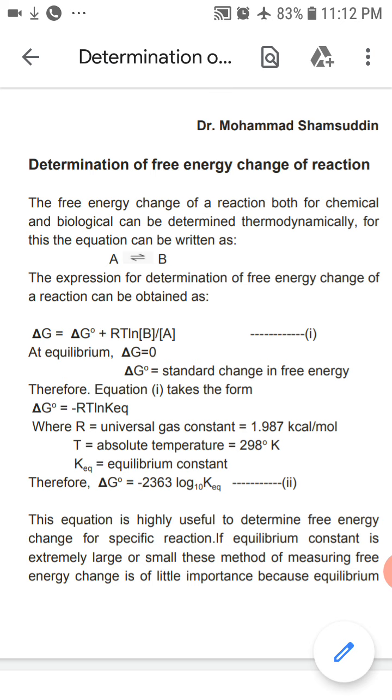And if delta G is positive, then the reaction will go in backward direction. So these are three conditions which occur in a chemical or biochemical reaction.